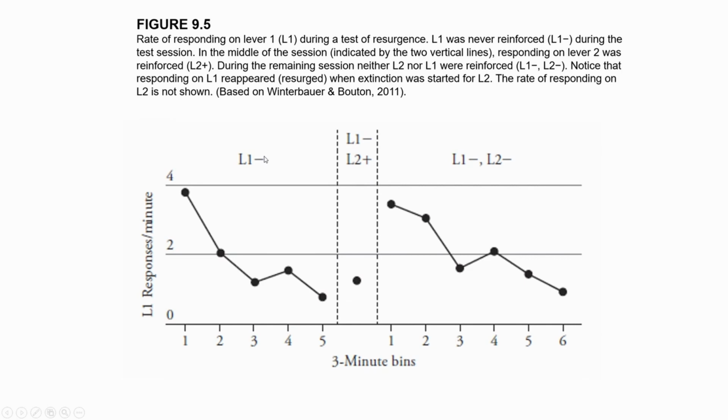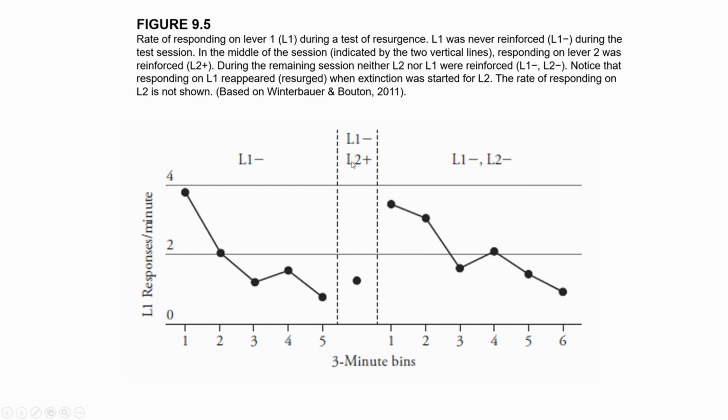It means that pressing lever 1 never resulted in getting access to food. At the very beginning here, we can see that over time, when pressing lever 1 doesn't result in getting food, we see a decrease in responding to lever 1. That's pretty much extinction, right? You don't get food for pressing lever 1, so you push lever 1 less and less and less.